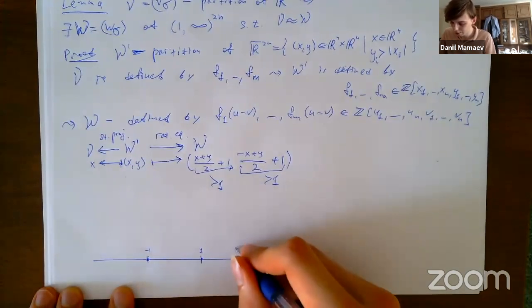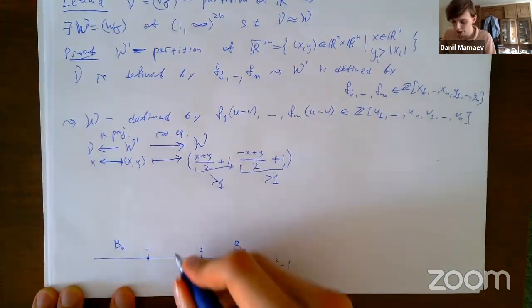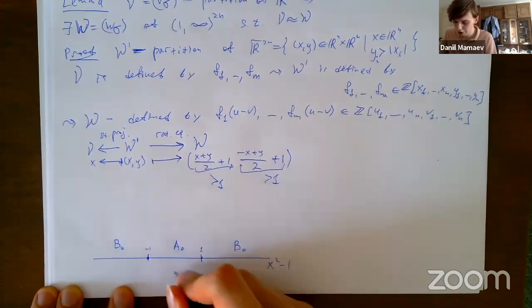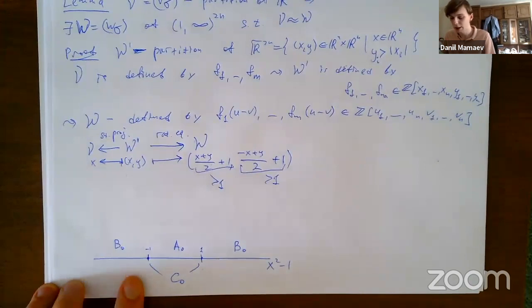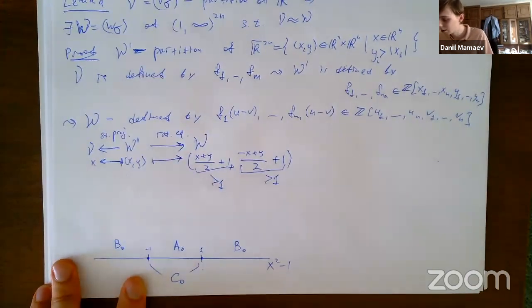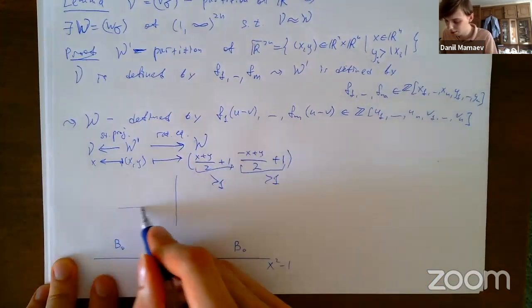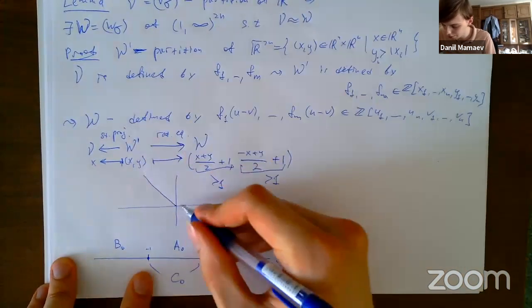We have this part, which we label B, this part, which we label A, and these 2 points, which are C. What is W prime in this case? You just lift it to R^2.